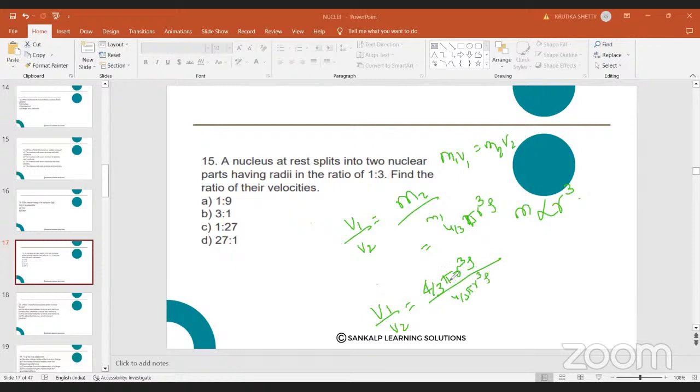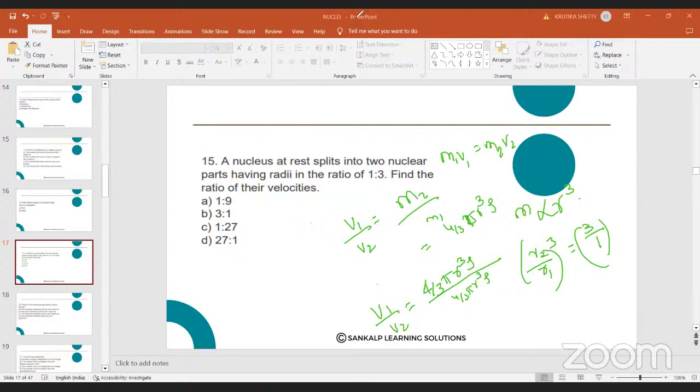So 4 by 3 pi and rho get cancelled. So what can we write? That is nothing but r2 by r1 to the power of 3. r2 is 3, r1 is 1. So 3 cube.